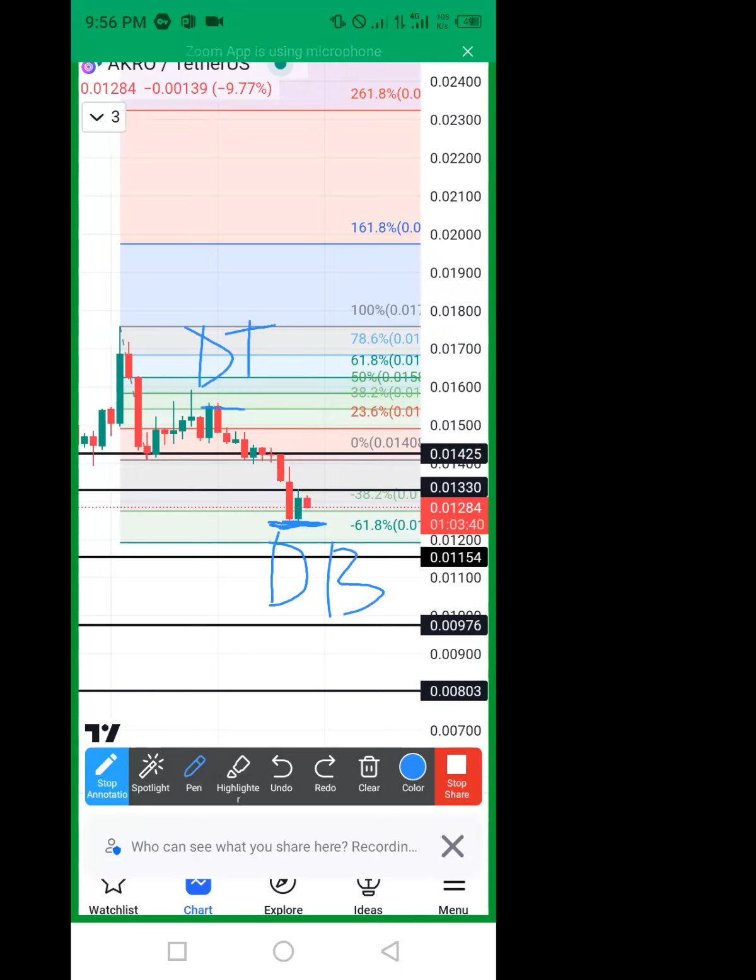A double top is a green candle with a red candle, but they all have the same top. Whereas a double bottom is a red candle with a green candle, but their bottoms are all the same. So when you see a double top, just know we are going to go down, and it happened. Now here it has made a double bottom, so the next thing is we are going to go up.